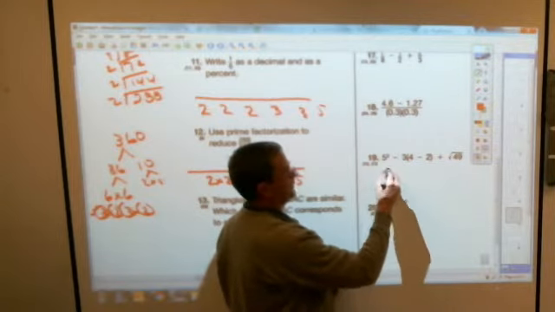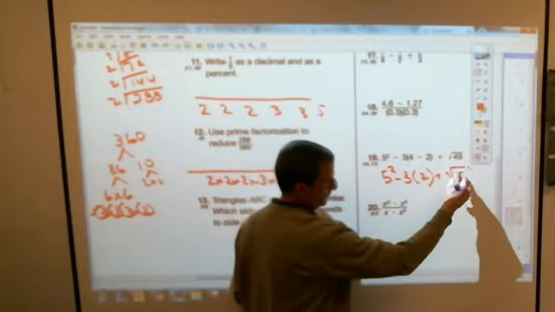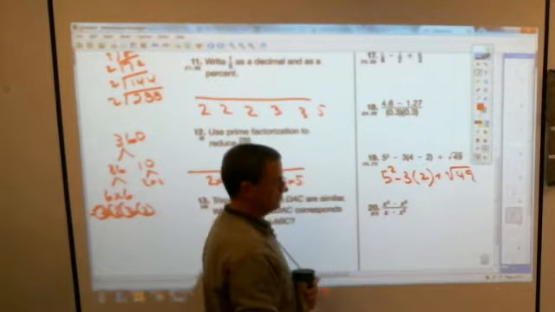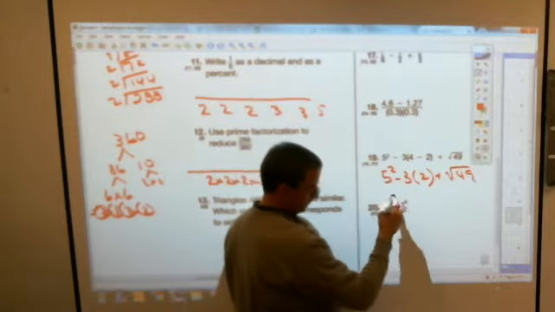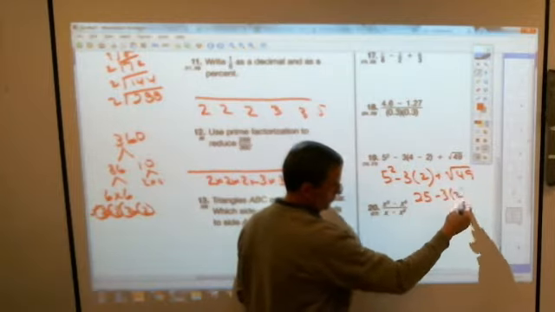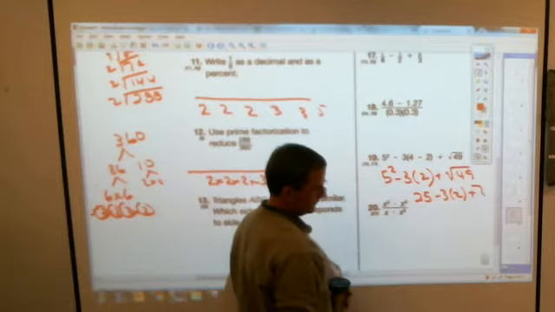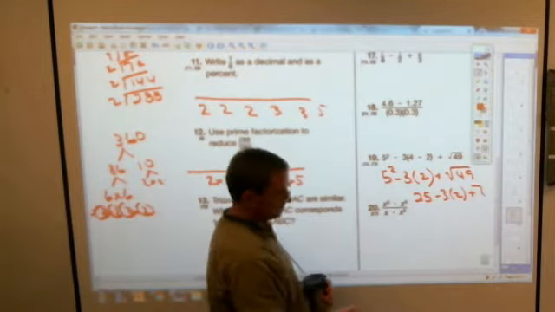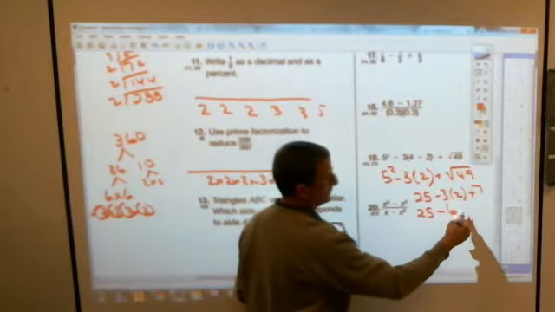So I still have my 5 squared minus 3 in parentheses times 2 plus the square root of 49. Then exponents, and you got 25 minus 3 times 2 plus the square root of 49, 7. Then multiplication, which gave you 25 minus 6 plus 7.